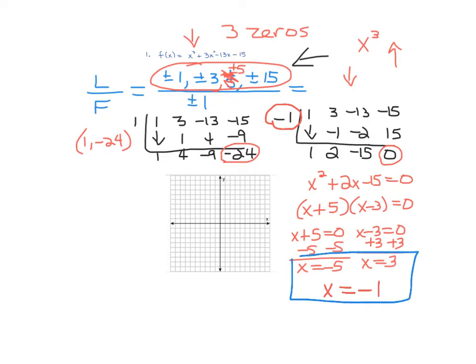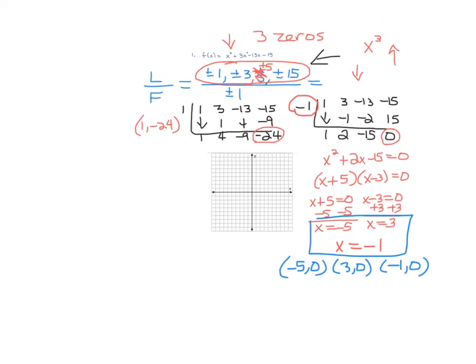These are also my 3 x-intercepts. So I'm going to graph negative 5, 0; 3, 0; and negative 1, 0. Also in my steps for graphing, remember it said to find the y-intercept. So remember you're going to plug in x equals 0 into your original problem.